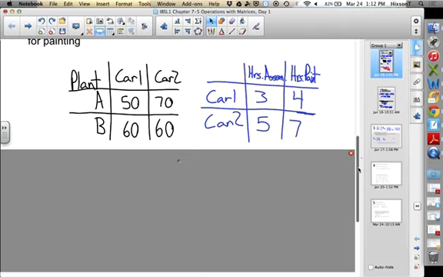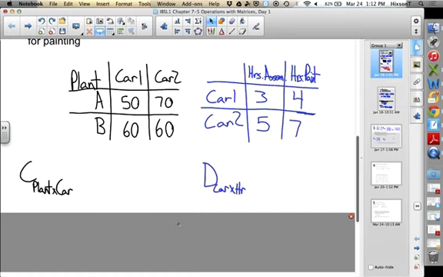Now, what we can do, I'm going to make 2 matrices, matrix C and matrix D. Okay, and matrix C is going to represent the plants by their cars produced. Okay? The plant by car matrix.